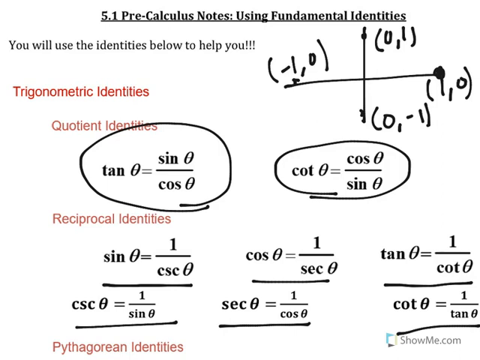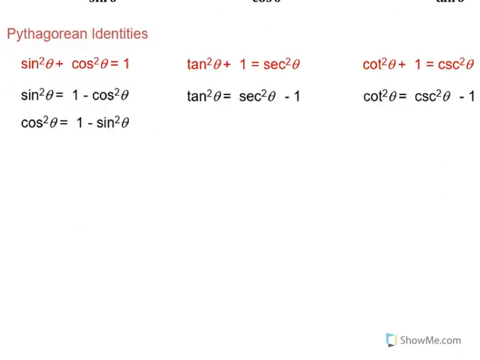Each of you got a sheet with these identities on them, and I expect you to just use the sheet as a reference and see what you can plug in and substitute. The last identities we really don't know too much about, or we haven't talked about a lot yet, are the Pythagorean identities. And it looks like my sheet got cut off a little bit.